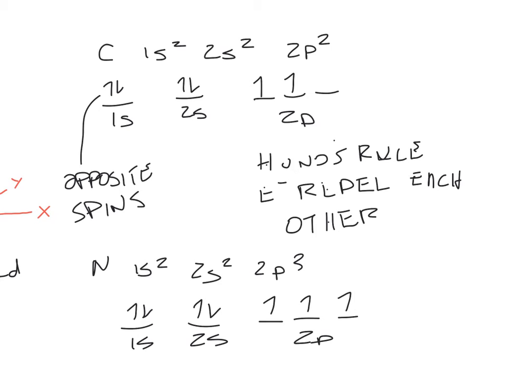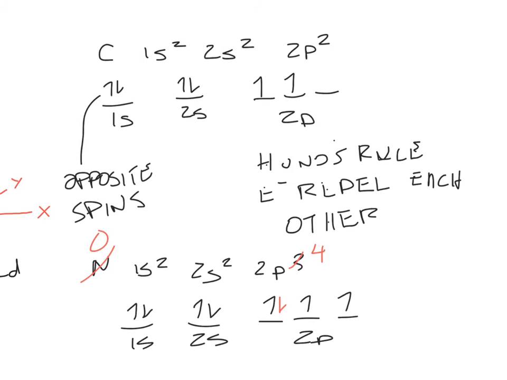I don't have to pair any of those. When I go on to oxygen, so if I change this to oxygen, 2p4, now for the very first time, I would have to pair them because I've got 3 empty spots. Since electrons repel each other, I'm not going to put them there unless I have to.